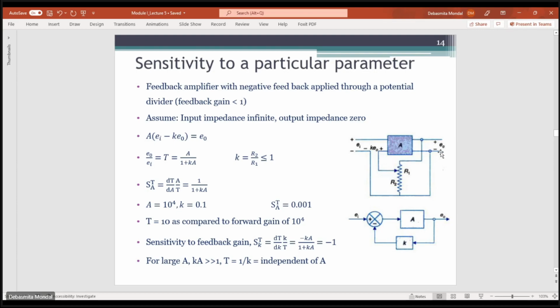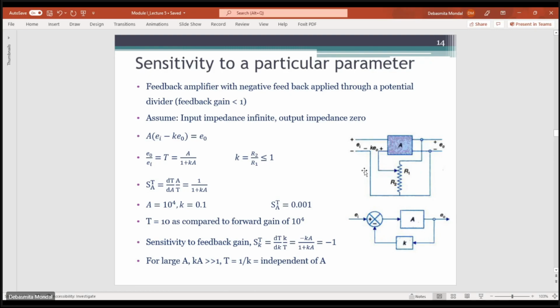The output of the system is E0 and the input is EI. Because of the potential divider, the modified output coming back for comparison with the reference input will be equal to K into E0. Let's assume the input impedance is infinite and the output impedance is 0, so a very ideal system.